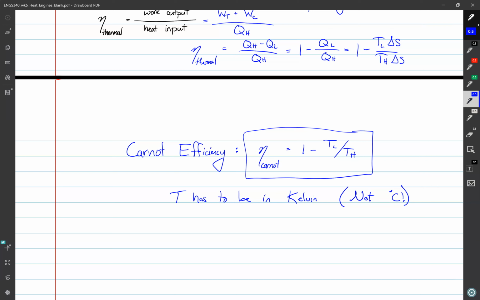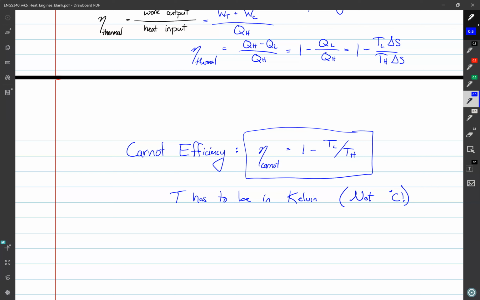If you just look at the Carnot efficiency, we can't have that becoming a number greater than 1 because that would mean that we're creating energy out of nothing. And that would happen if we had, say, a TL of less than 0 degrees Celsius if we were using Celsius. So you can directly see from that that our numbers have to be in Kelvin. But that's an important thing to remember.